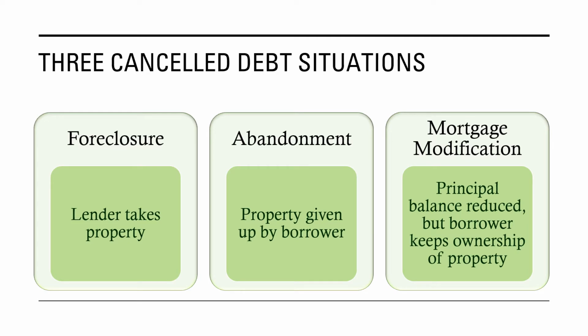An abandonment, on the other hand, is where the property owner gives up the right to the collateral, the home. And then a mortgage modification or a workaround: the principal balance of the debt will be reduced, but the borrower is able to keep ownership of the property, so they would probably be staying in the home.